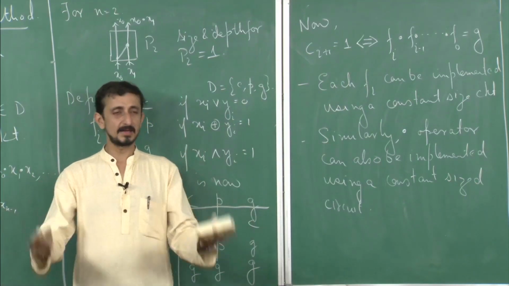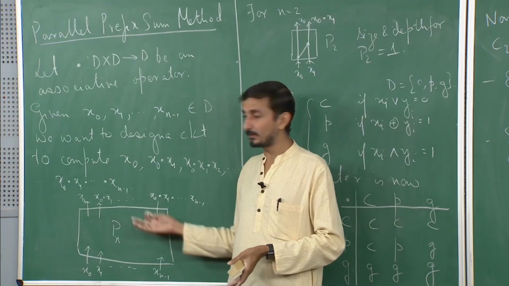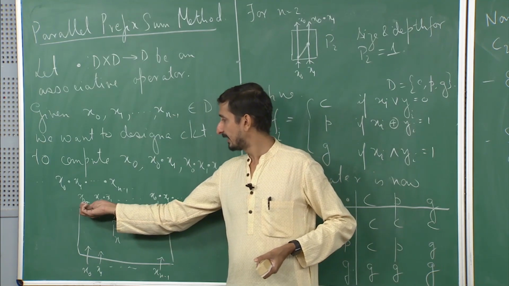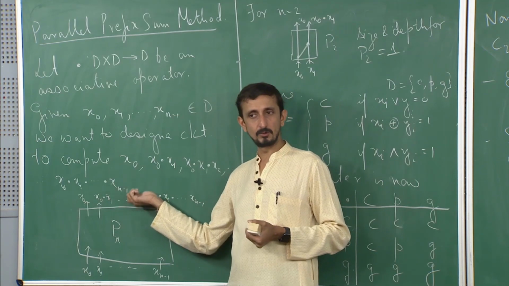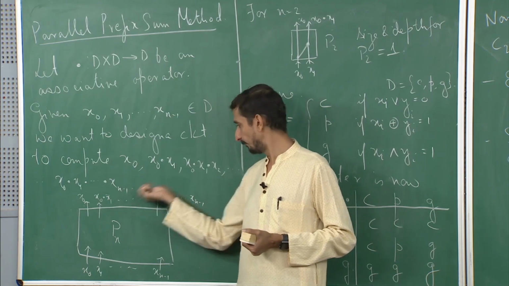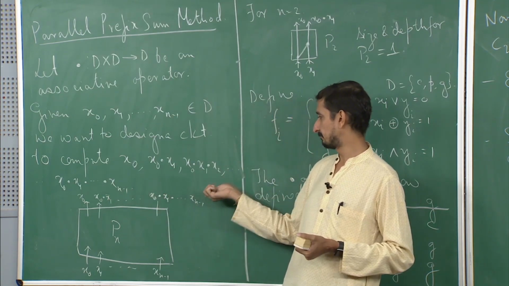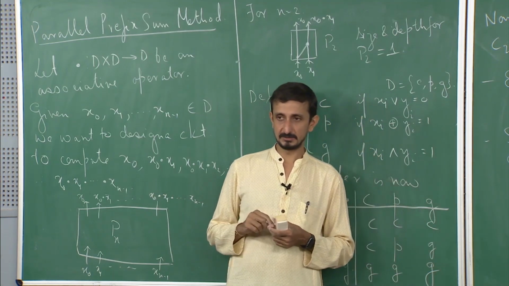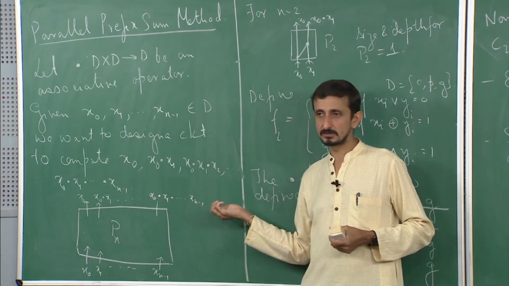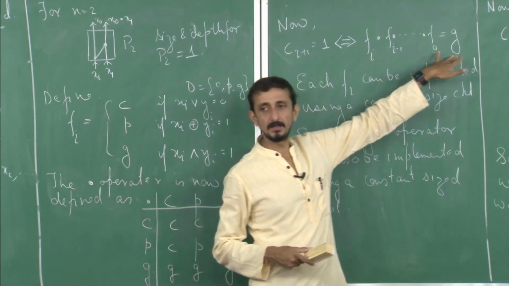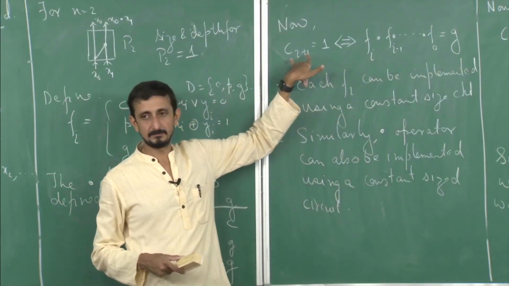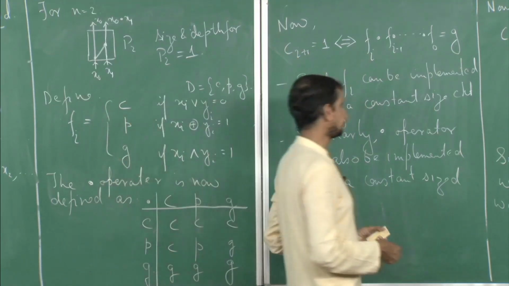It is not just computing the fi's: it will compute f0, then f0 dot f1, then f0 dot f1 dot f2, and so on till f0 dot f1 dot up to f of n minus 1. Once I have all those numbers, I can just check them with g and I can get the carry bit. Okay. So that is the idea.